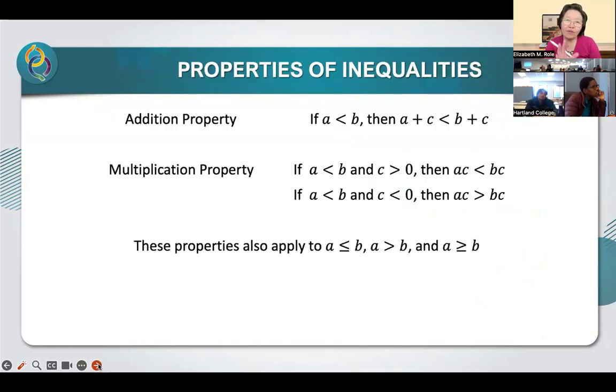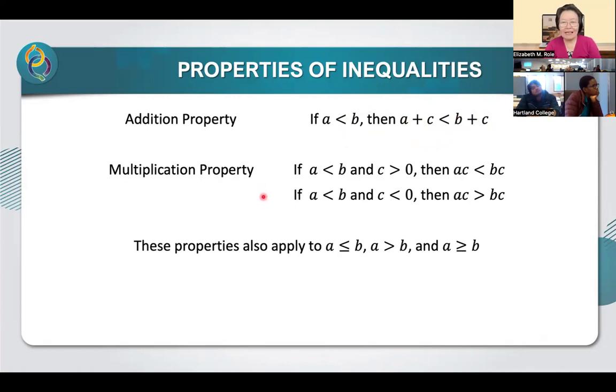Now, to solve inequalities, we need to use some properties. One property is called the addition property. It means that if A is less than B, and you add a constant to one side and do the same addition on the other side, the inequality remains the same. It's just the same as equality. So even if you say A is greater than B, you add C and another C, it will remain greater.